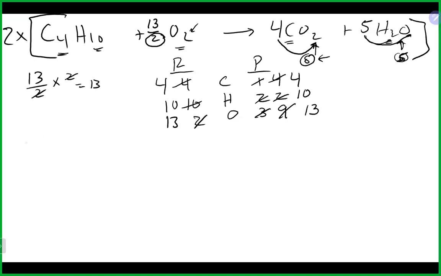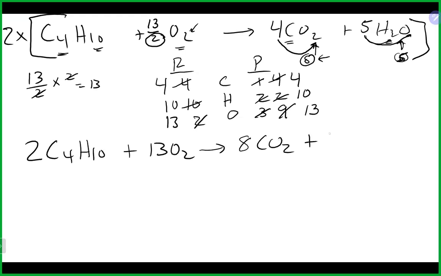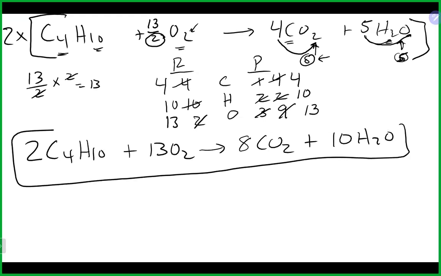That will give us 2C4H10 plus 13O2 gives us 8 CO2 plus 10 waters. And again, if we did not mess anything up, we should definitely still be balanced.